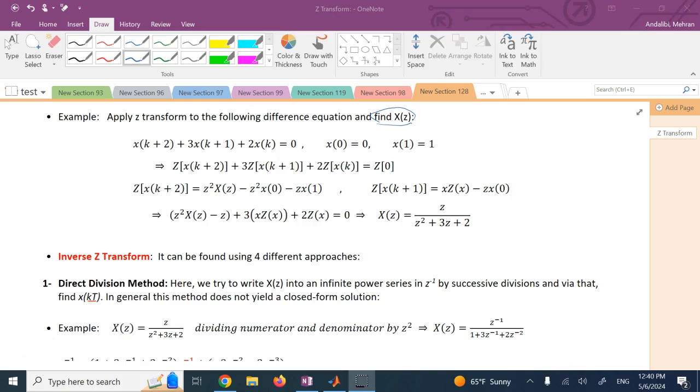Okay, so if we have this difference equation x of k plus 2 plus 3x of k plus 1 plus 2x of k equals 0, and the two initial conditions are x of 0 equals 0 and x of 1 equals 1. If you wonder why we need two of them, it's because this is k plus 2, so this 2 is similar to the order of a differential equation.